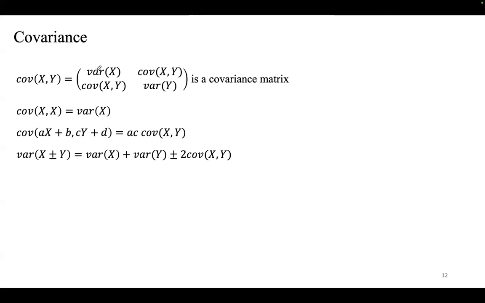Would you like to construct a 3 by 3 covariance matrix? Let's say we have x, y, and z. We are basically going to have 9 elements here. So this is going to be variance x, this is going to be variance of y, this is going to be variance of z. Can you think how you are going to fill the other elements?